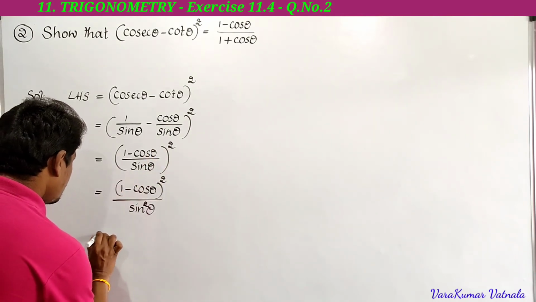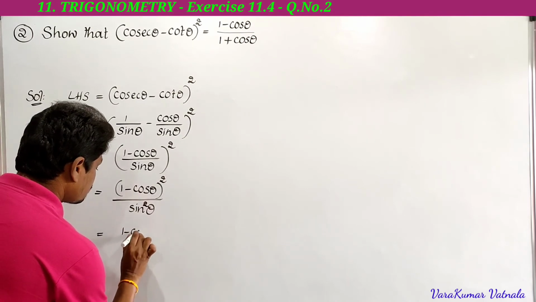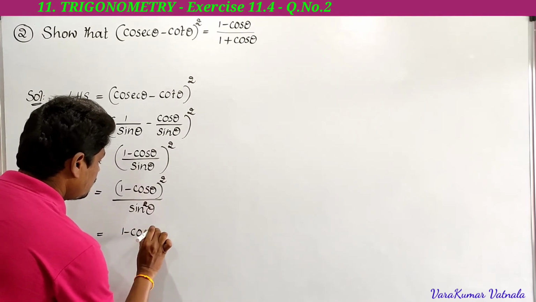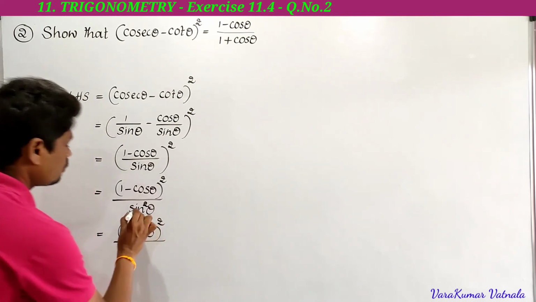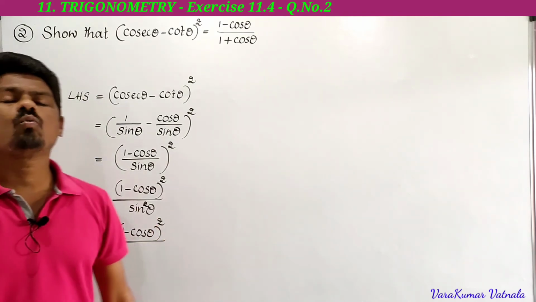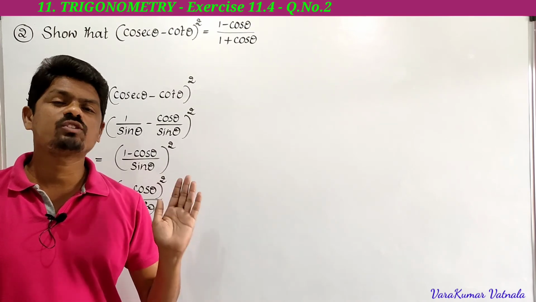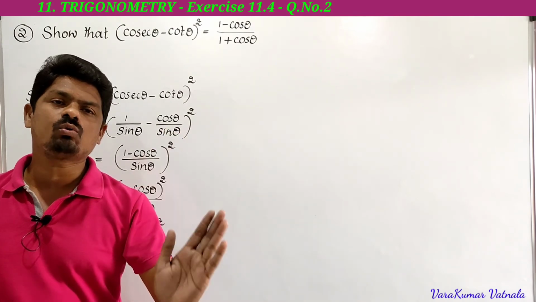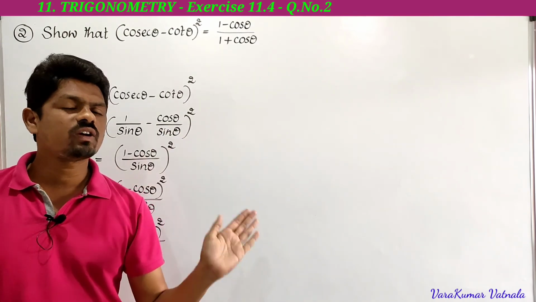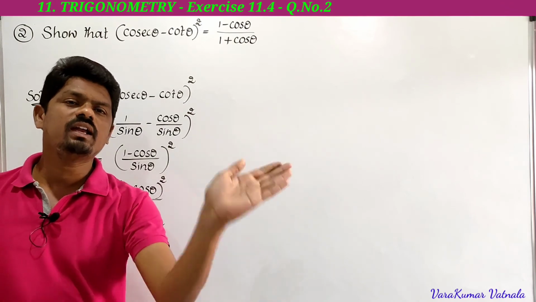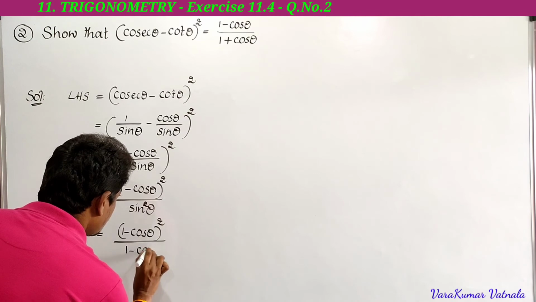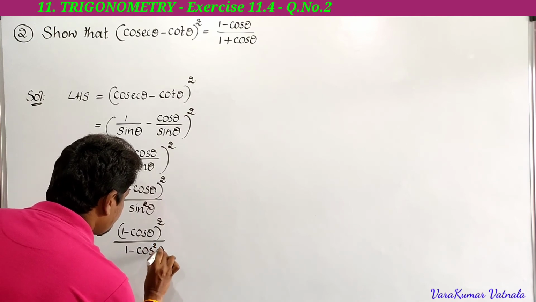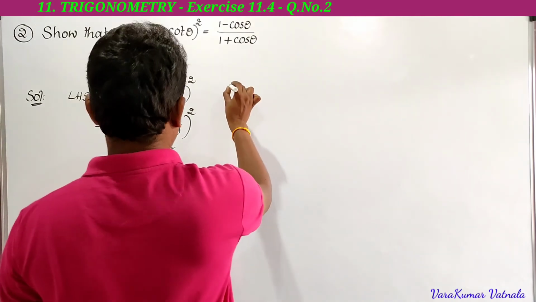Write the numerator as usual, (1 minus cos theta) whole square, divided by sin square theta. We have sin square theta plus cos square theta equal to 1, so sin square theta can be written as 1 minus cos square theta. See here what we get.